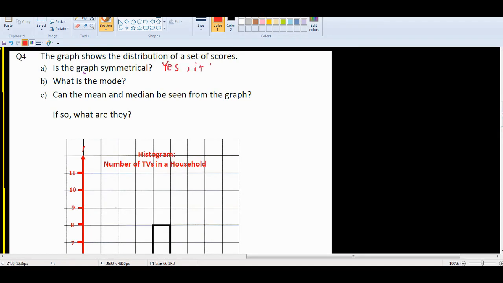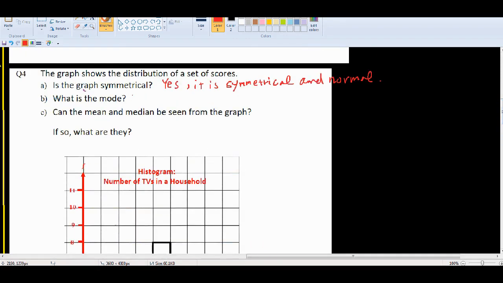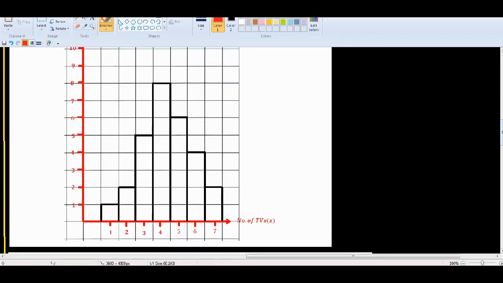It is what we call symmetrical and normal. What is the mode? The mode should be x equals 4, the most frequent data. For x equals 4, there are 8 of them.